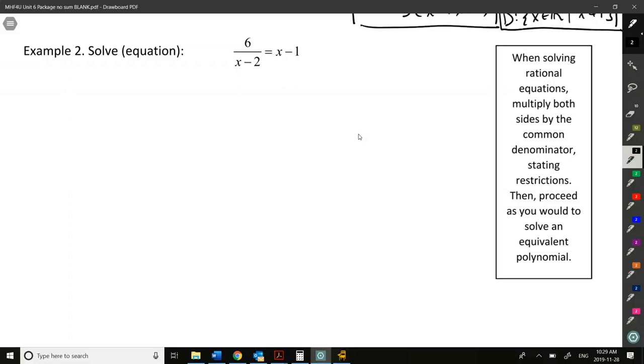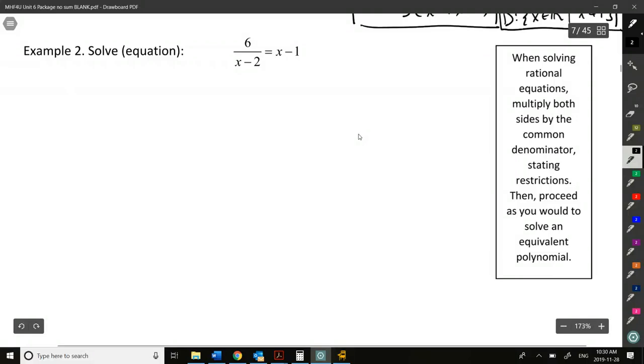My suggestion is that if we have a rational equation equals a regular equation, or a rational equation equals a rational equation, find a common denominator if needed. This one's already under one denominator. Make sure you state restrictions, and then we will cross multiply our equations and solve.